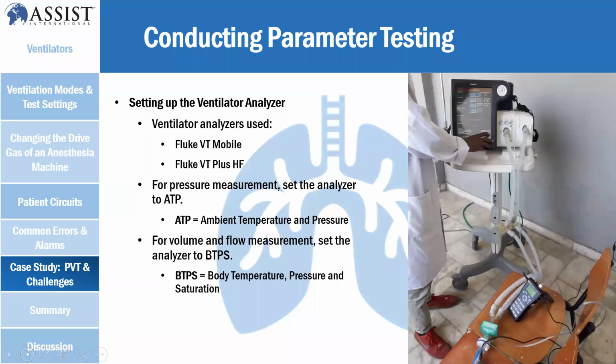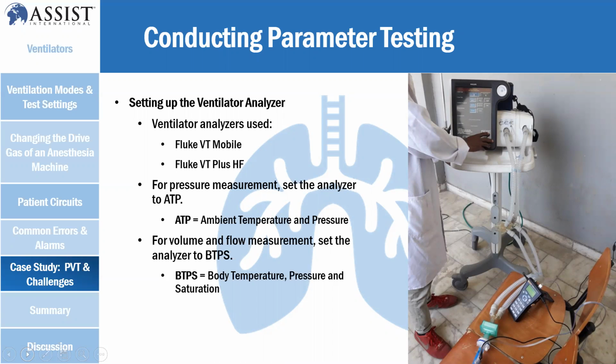If you're talking about setting up and using a ventilator analyzer, it can be VT Mobile, Fluke, or TSI, like what you guys are using in Calmet, the TSI unit. All these ventilator analyzers work exactly the same.